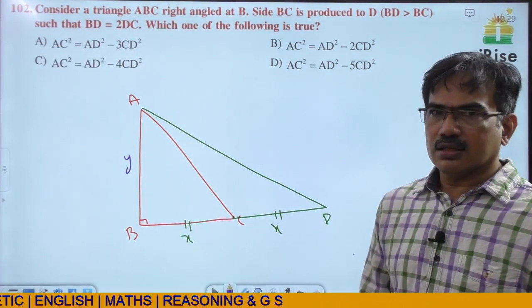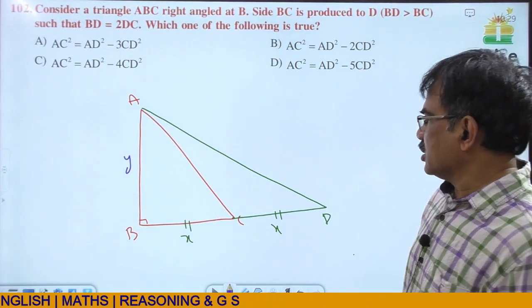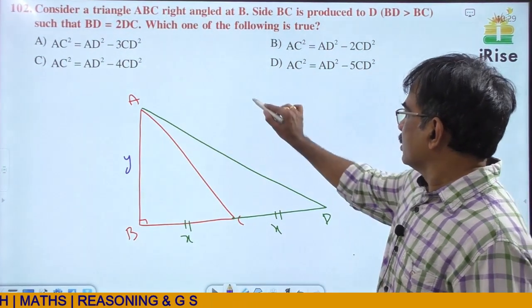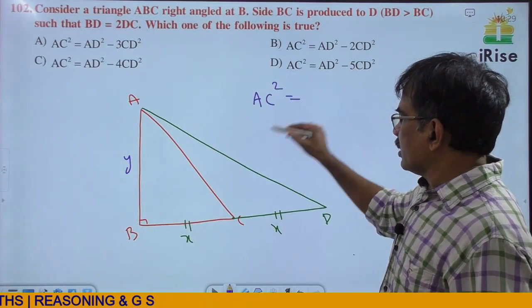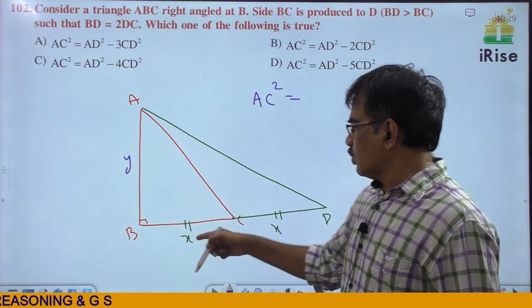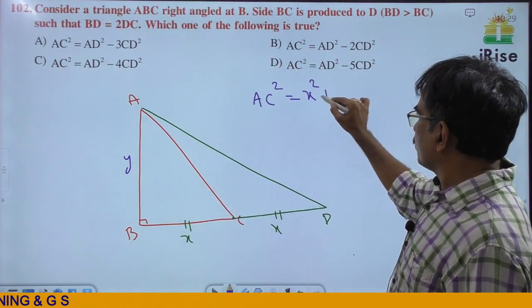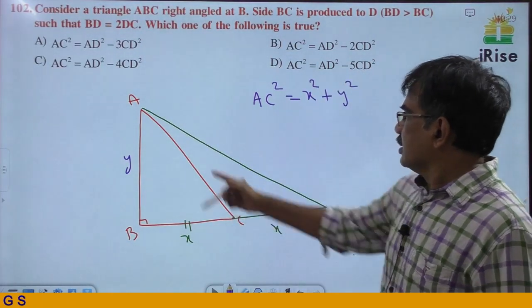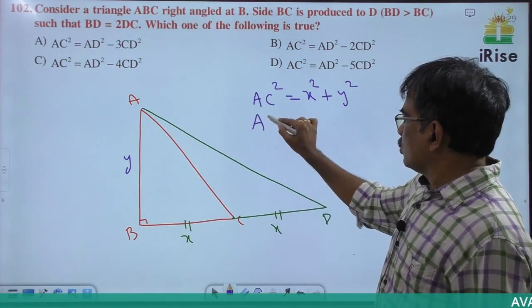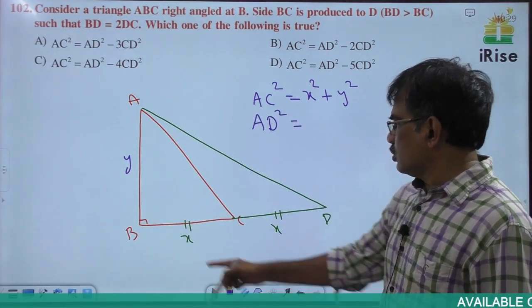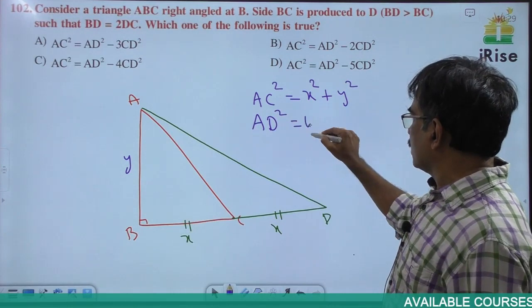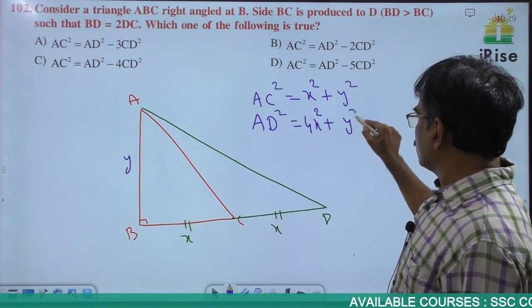Using the right angle triangle condition, the Pythagoras theorem, AC square is equal to x square plus y square. AD square is equal to 2x whole square plus y square, nothing but 4x square plus y square.